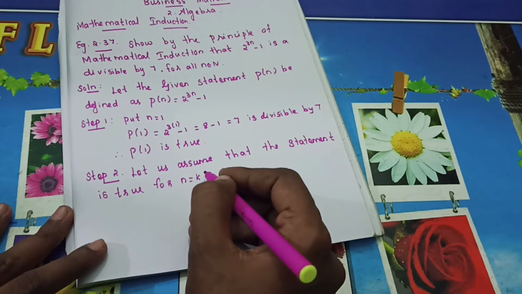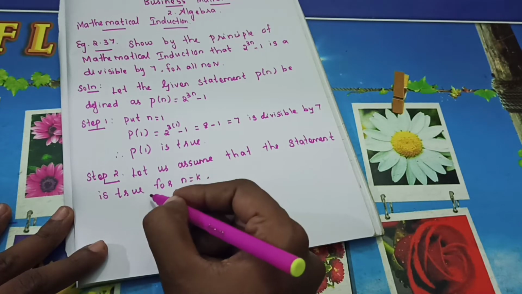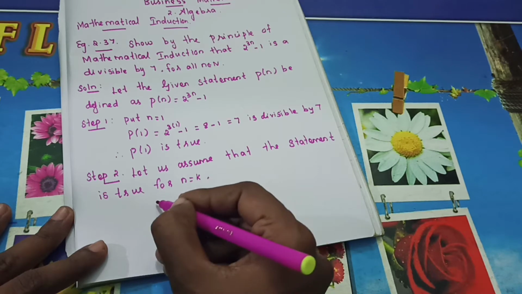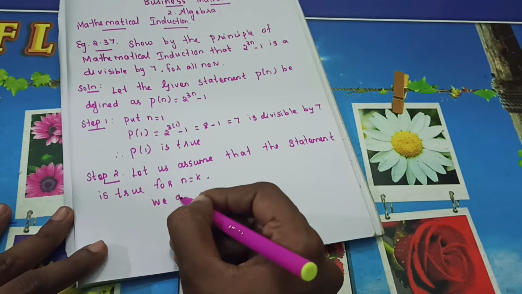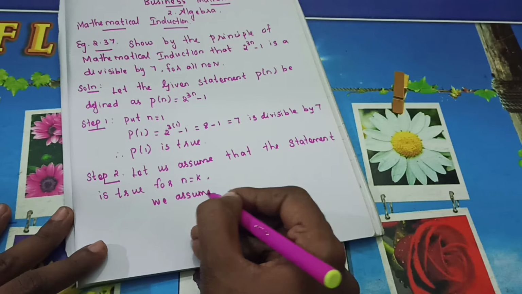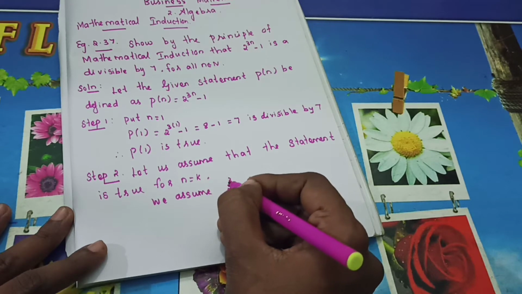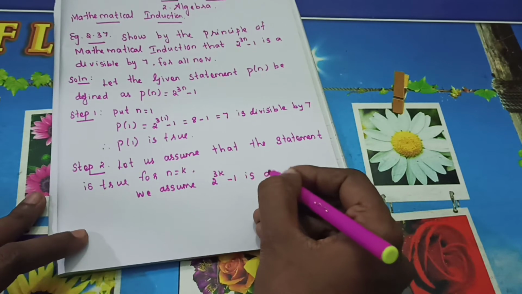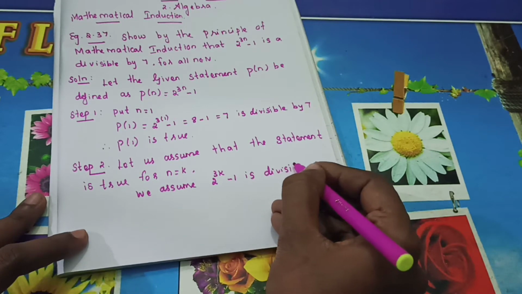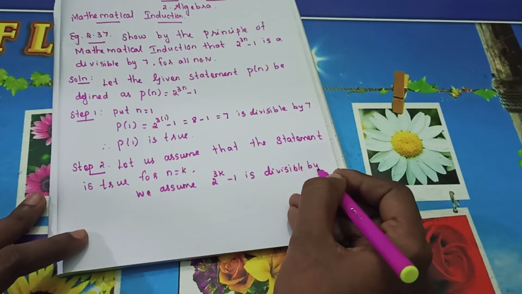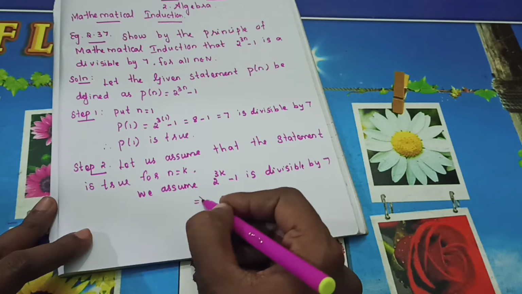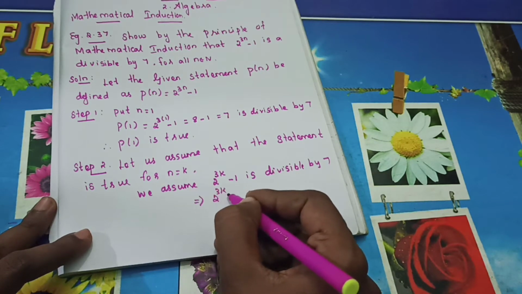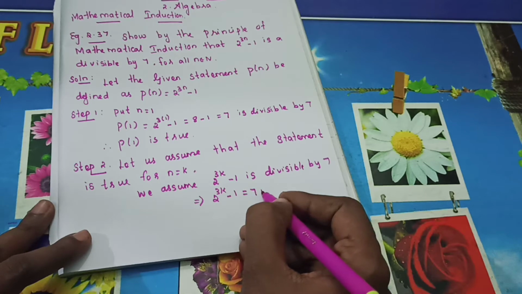Okay, so if we substitute n equal to k, what will happen? We assume 2 power, in the place of n, what you need to substitute? k. 2 power 3k minus 1 is divisible by 7. Okay, the meaning is 2 power 3k minus 1 is equal to 7 into m.